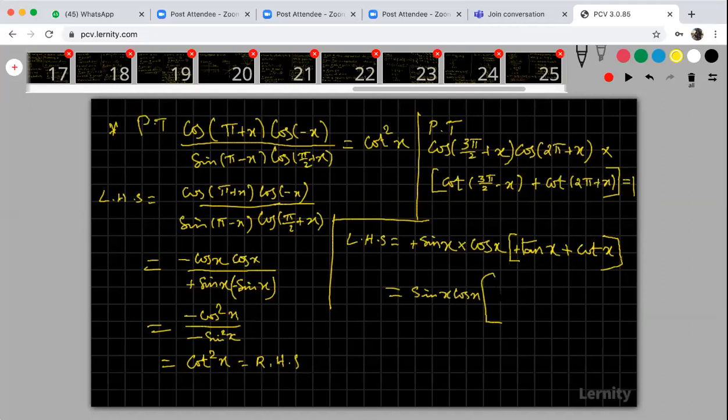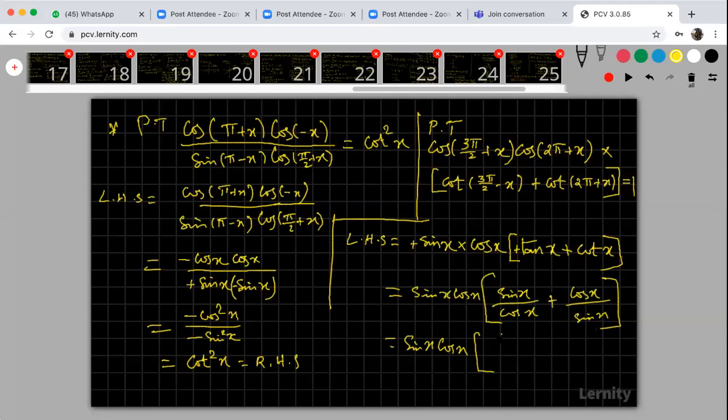That means your tan x can be written as sin x by cos x, and plus my cot x can be written as cos x by sin x. Okay, so now this is sin x into cos x. Take a cross multiplication.